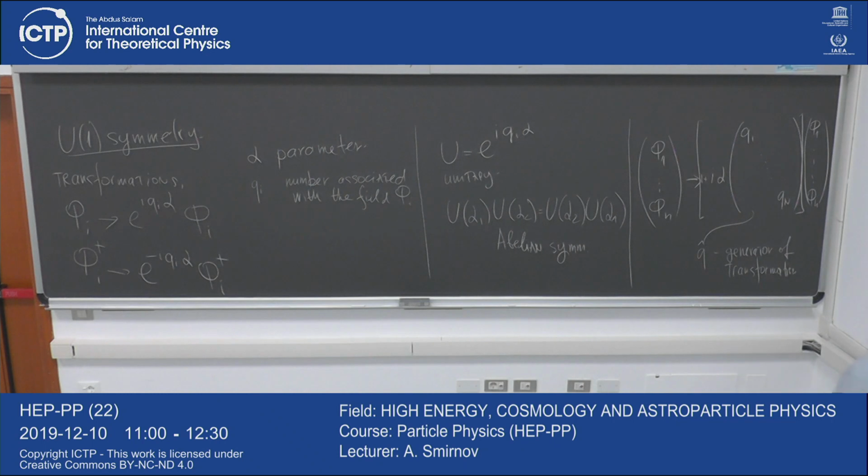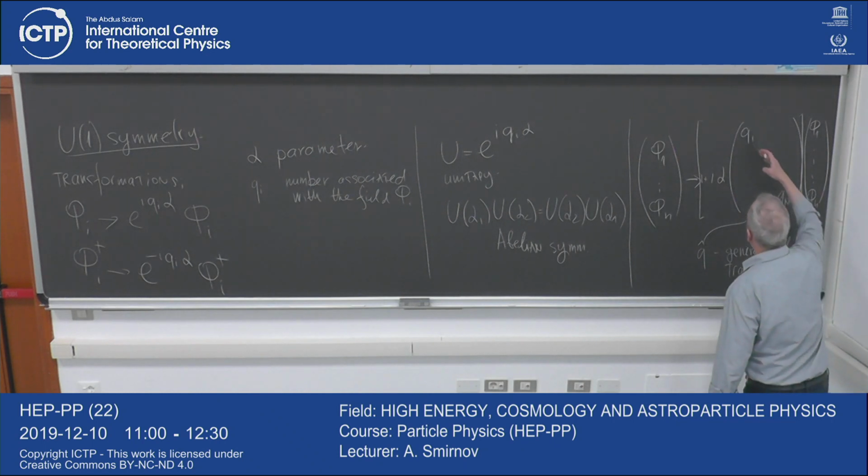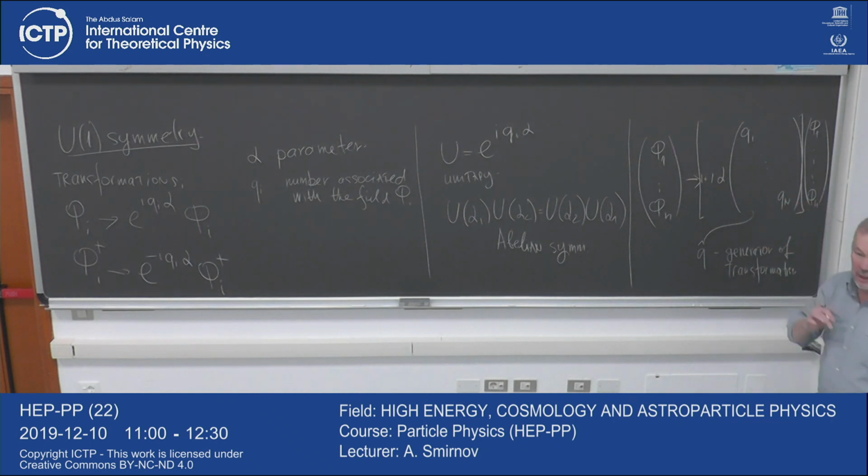And therefore, the quantities which are staying here can be used to classify our particles. So the parameters Q which appear in the transformations, and we will see this better at the quantum level, can be used to classify our particles.